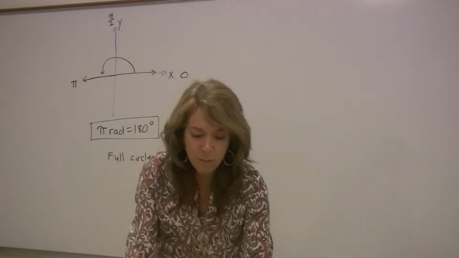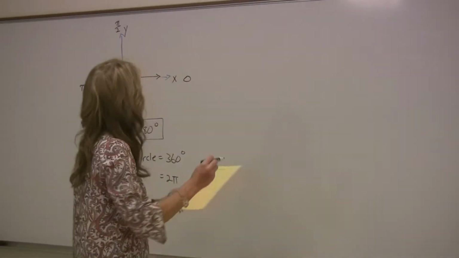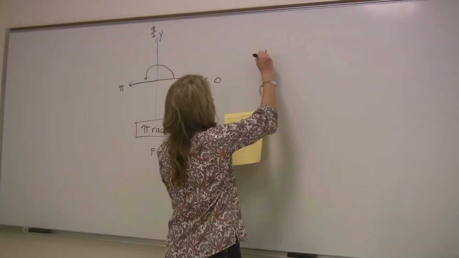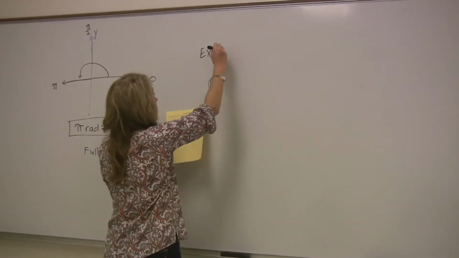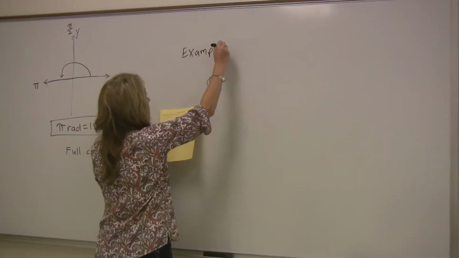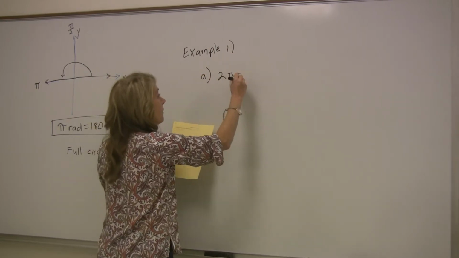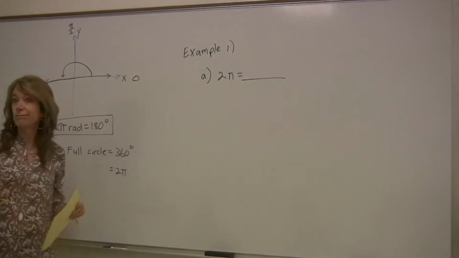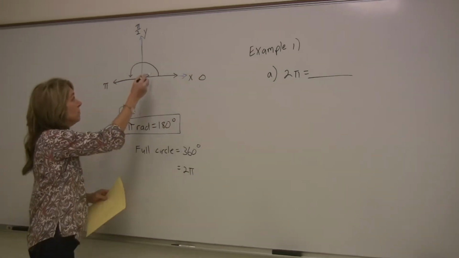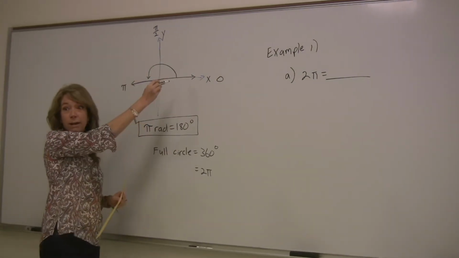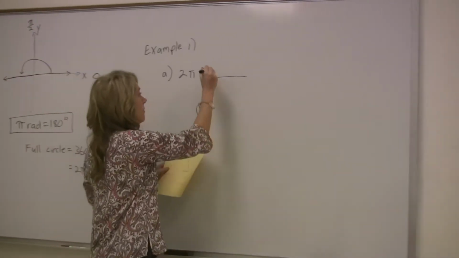Okay. So what I want to do is just take these first few examples on my list and convert them from either radians to degrees or vice versa. We already talked about that one: 2 pi is 360 all the way around. That one was easy.